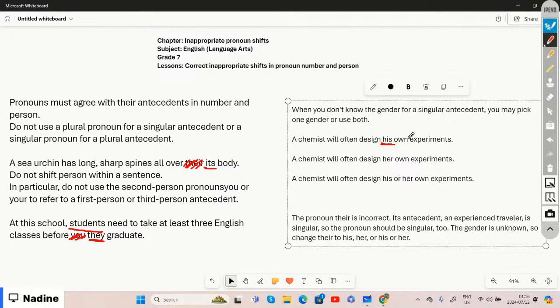Or we can say a chemist will often design her own experiment, which refers to a lady.